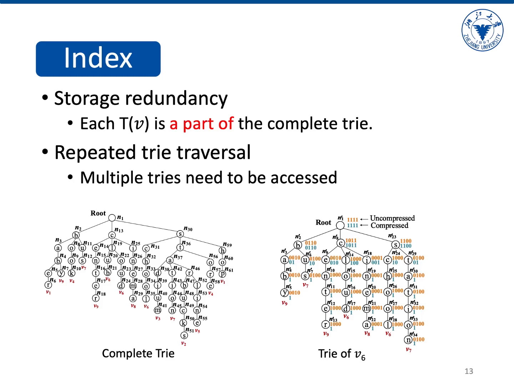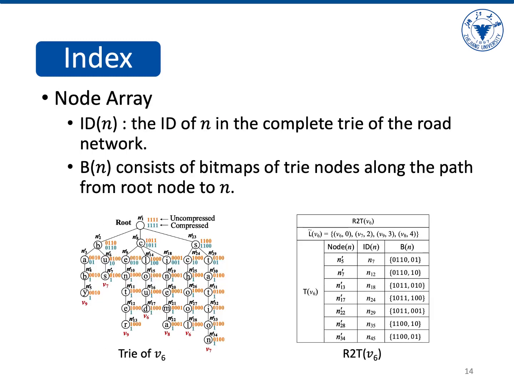The second drawback is repeated tree traversal. Multiple tries need to be accessed. To address these issues, we use a node array to store ID(n) as the ID of n in the complete tree of the road network, and B(n) consists of bitmaps of tree nodes along the path from the root node to n.